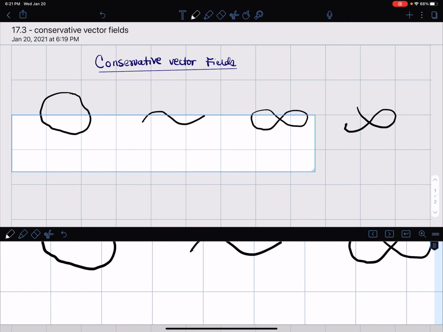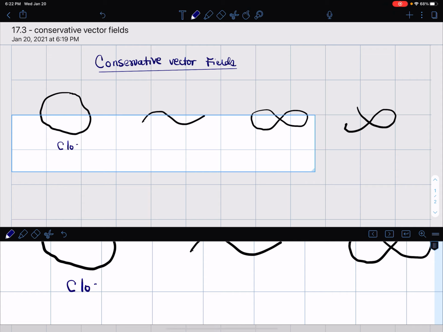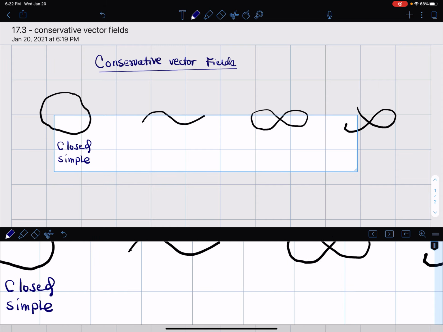Okay, so this curve is a closed curve, and it's kind of easy to see why it's closed. It's simple. All right, it's closed and it's simple. I'll come back to that.